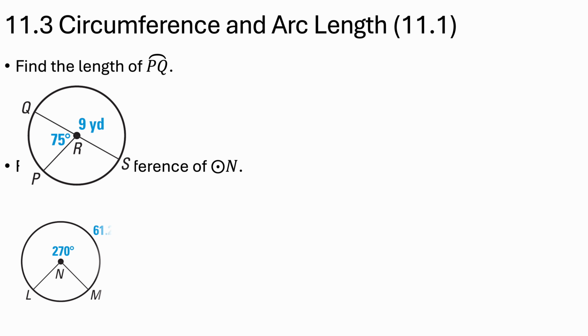Circumference and arc length. They have asked to find the length of PQ, and they have already given the central angle. So this is a very easy question. Again, you will apply the same formula: 360 divided by circumference. Circumference is 9 into pi, because pi d, and 9 is the diameter.